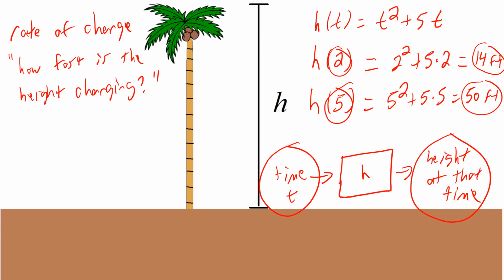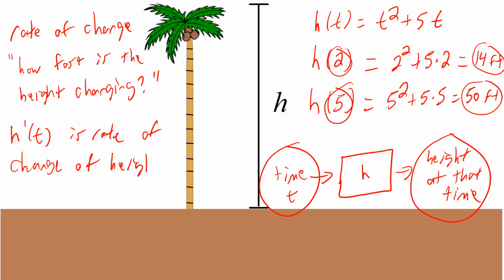So whenever you have a function of time, if you take the derivative, it tells you how fast the thing is changing, but you do have to plug in a number first. So the derivative of the height is the rate of change of the height, but you have to plug in a number.